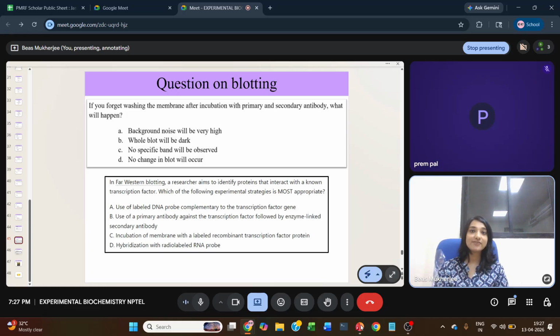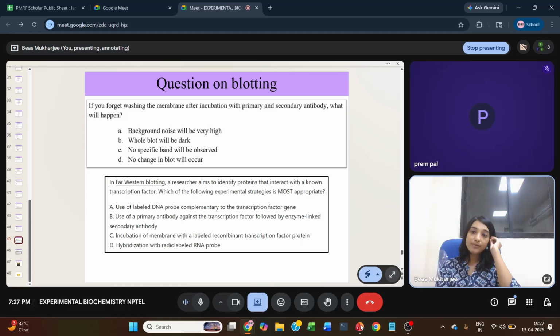And for the next one we have: in far western blotting, a researcher aims to identify proteins that interact with a known transcription factor. Far western means protein-protein interaction, right? So which of the following strategies is most appropriate?